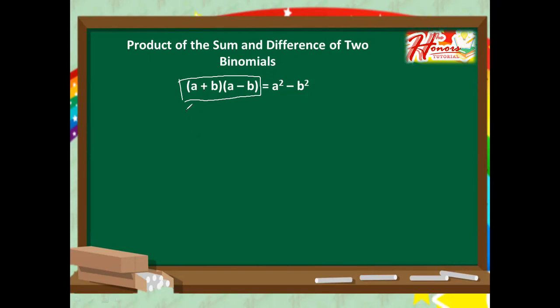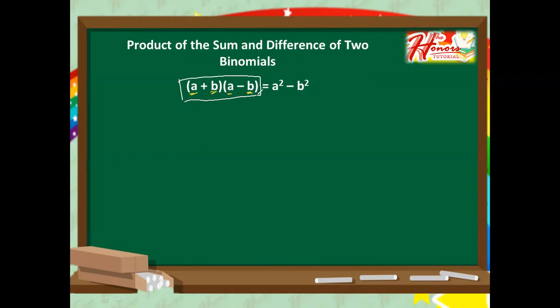The terms that we have inside our parentheses are the same. That's why we use a and we use b. We have a and a, so the first term is the same as the first term of the second parenthesis. And for the first parenthesis, we have b for the second term, and for the second parenthesis, we also have b.